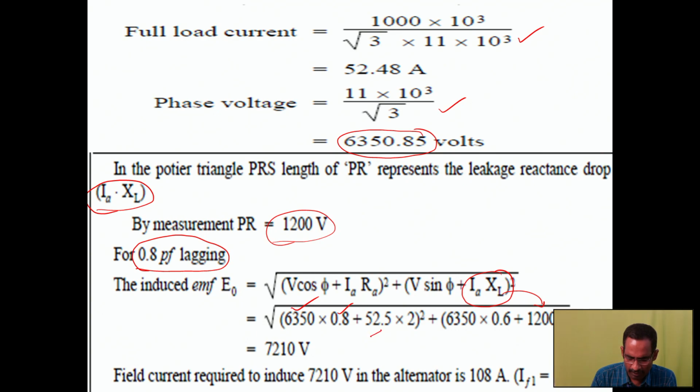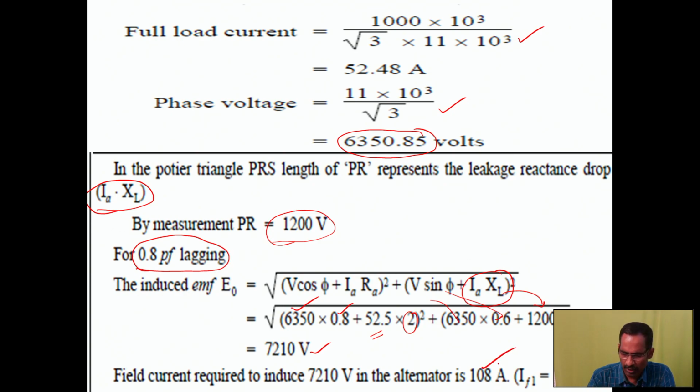Then the IA value is 52.5. It is multiplied with the RA, 2 ohms. Similarly, the V sin φ value. Substitute all this, you will be getting the 7210 volts. In the alternator for this, what is our required field current?